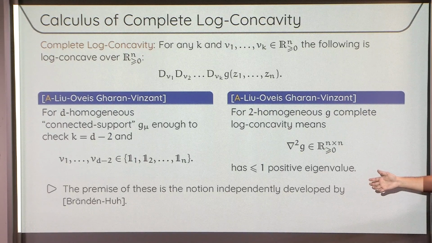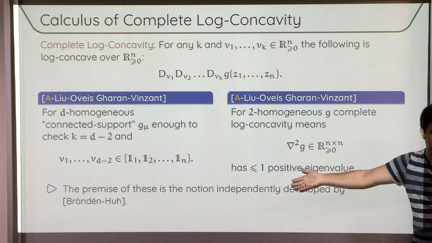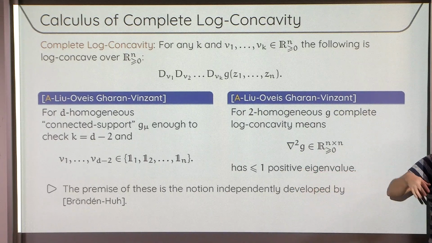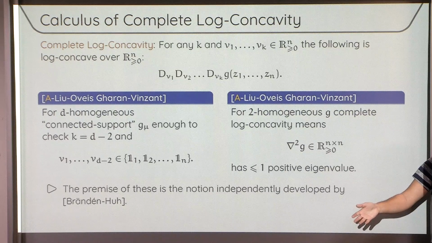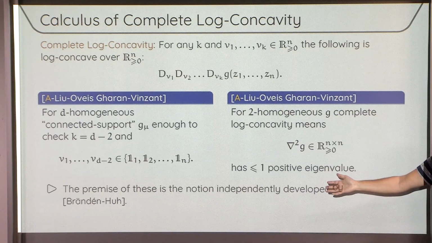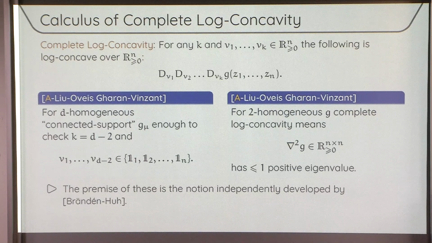You call a polynomial belonging to this class if it satisfies the premise of these two theorems. And of course, now the hard thing becomes proving that certain operations preserve this property. The second one is very easy.